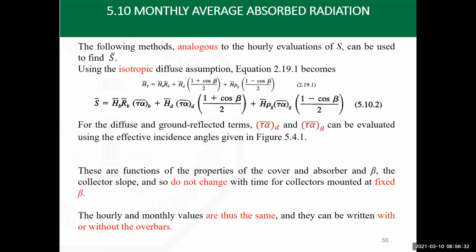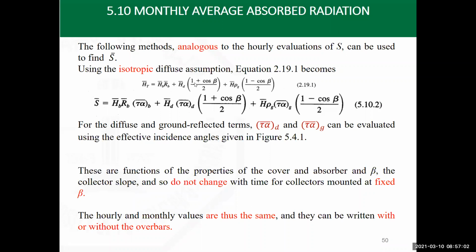And this is all based on equation 2.19.1, which calculates the radiation falling on a tilted surface. So H_T is H_B average, R_B average, the beam component, and then H_D times (1 plus cosine beta) over 2, that's the diffuse component, and H rho_G, the reflectance of the ground, times (1 minus cosine beta) over 2, the shape factor, which is the ground reflection component.